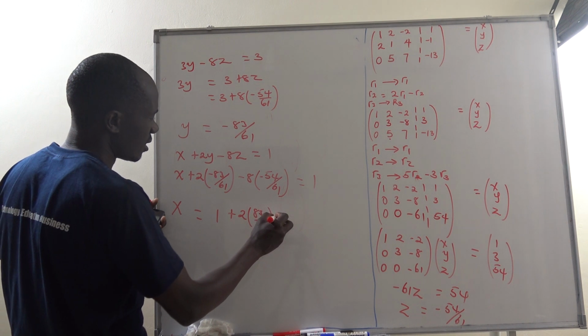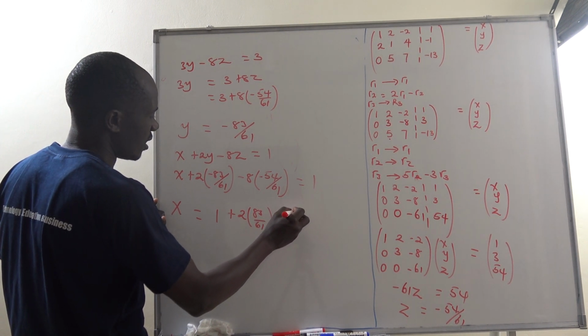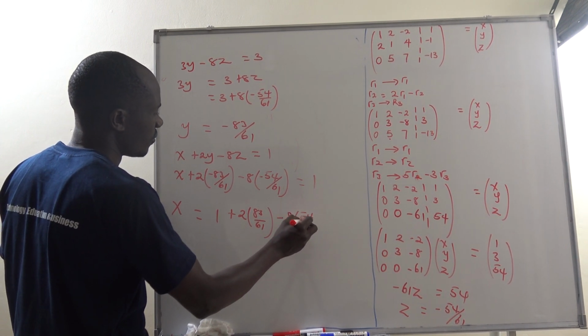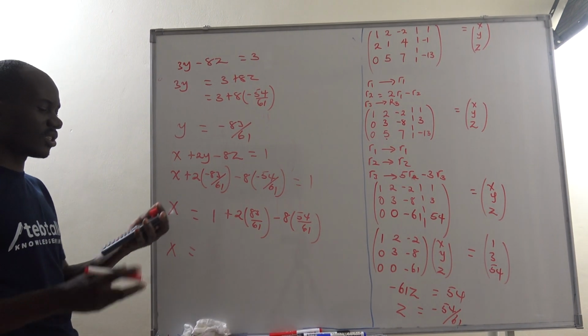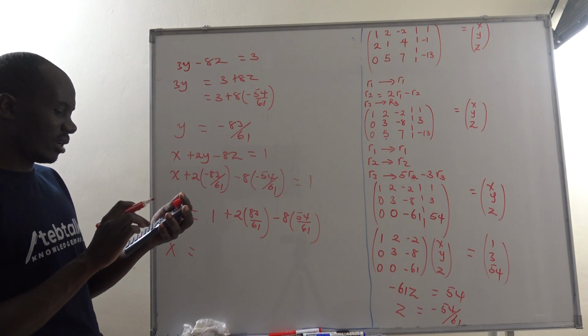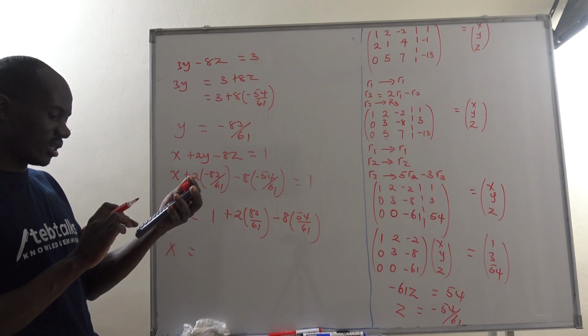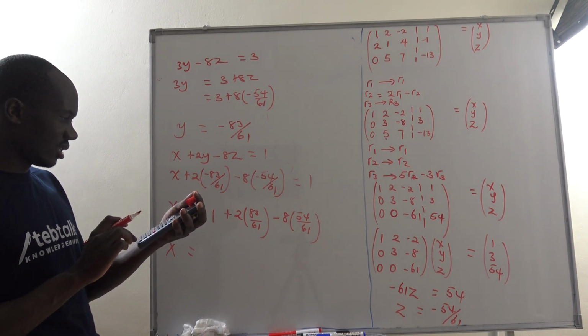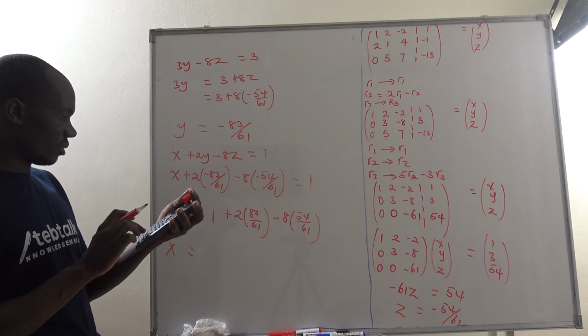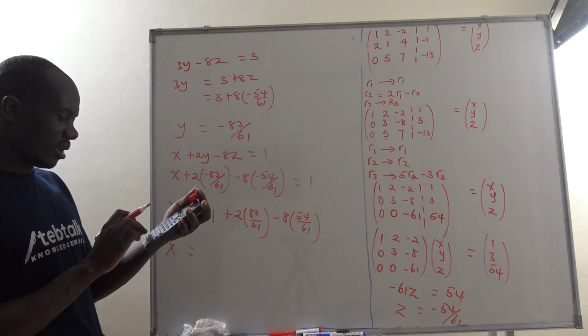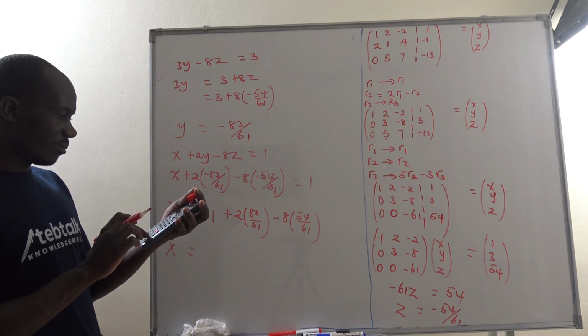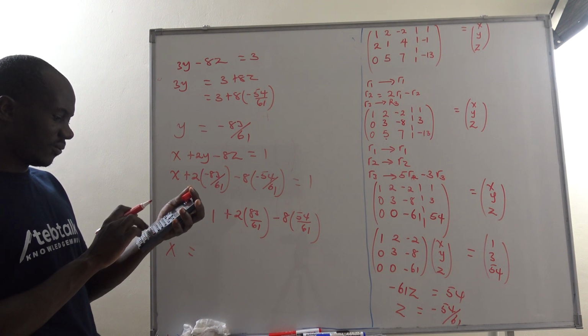Then remains as minus 8 into 54 out of 61. So you have to substitute so that you can get the old value. You are getting 1 plus 2 into 83 out of 61 minus 8 into 54 out of 61.